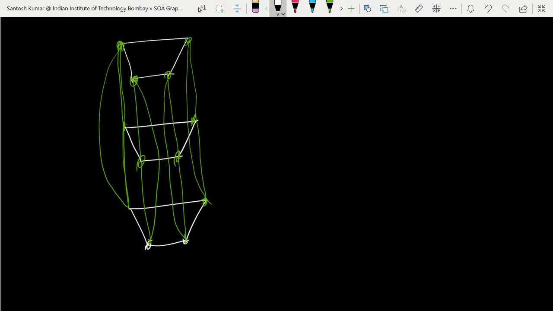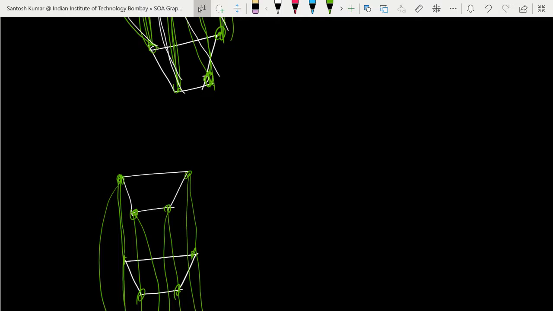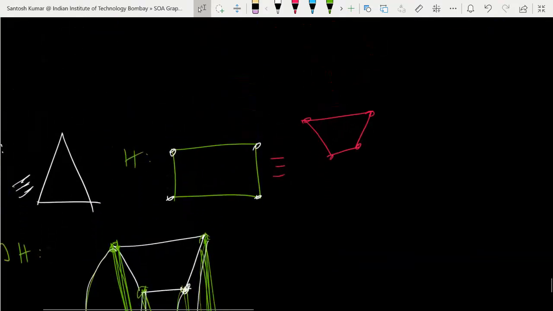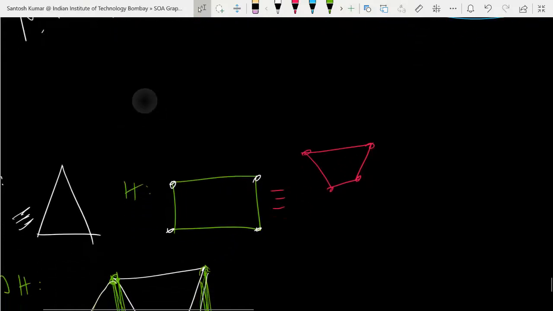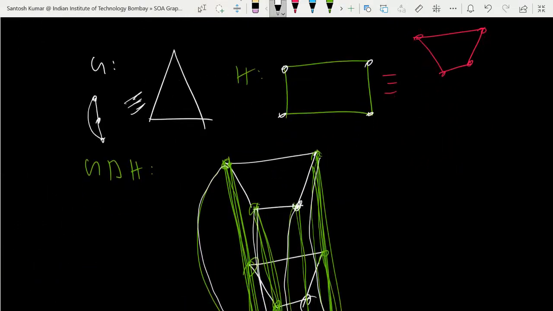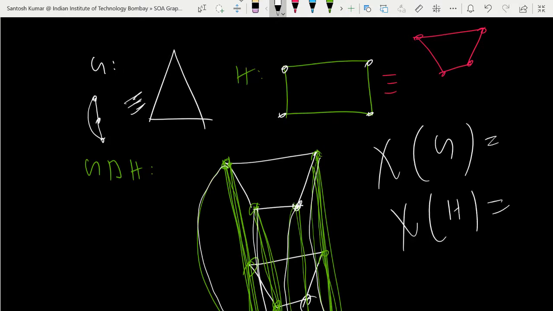Okay, so I would ask, what is the relation between the chromatic numbers? So again you can see chromatic number of G, chromatic number of H. So what is it for G? 3. For H it is 2.